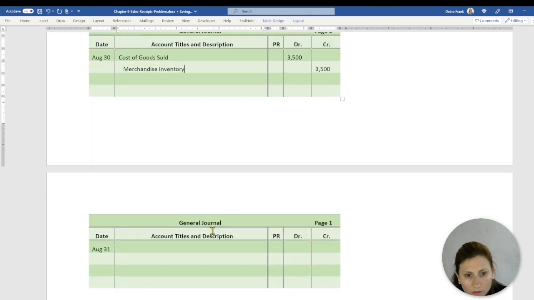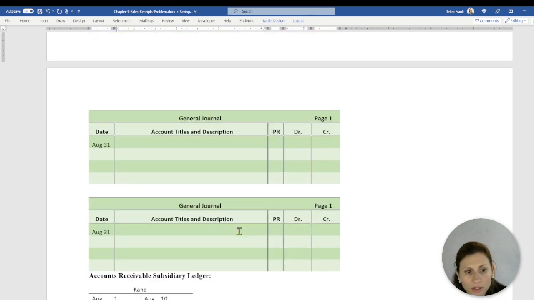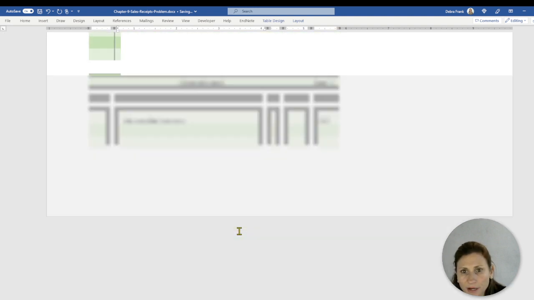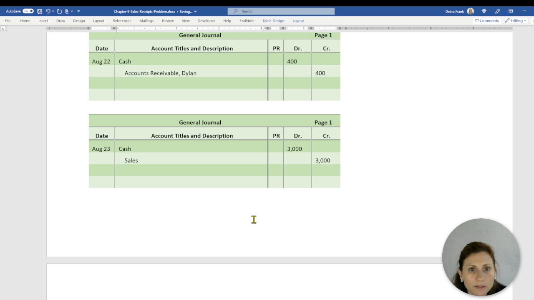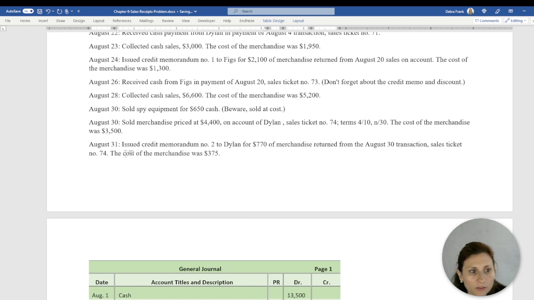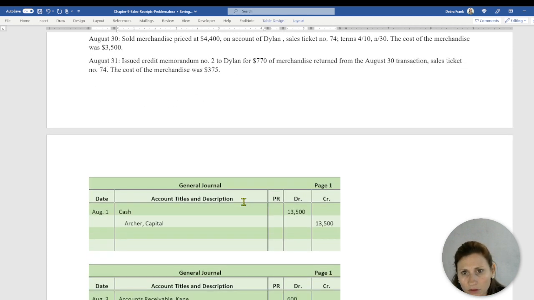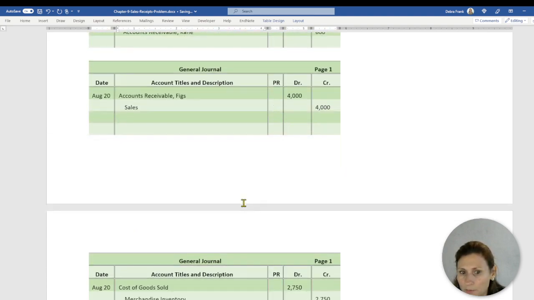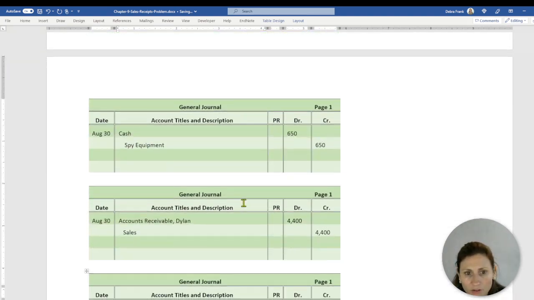Are we all done? No, we have, oh, so close. We have a couple more to go. Let's go back up there and see what we got going on. We have issued a credit memorandum to Dylan for $770 merchandise returned from August 30th. And then the cost of that related one was $375. We've done this so many times. We're going to record that return, that sales returns and allowances we know about. So let's finish that two-parter.